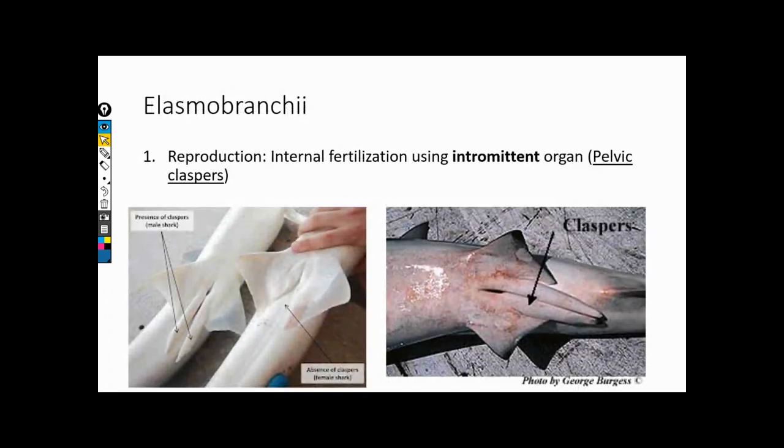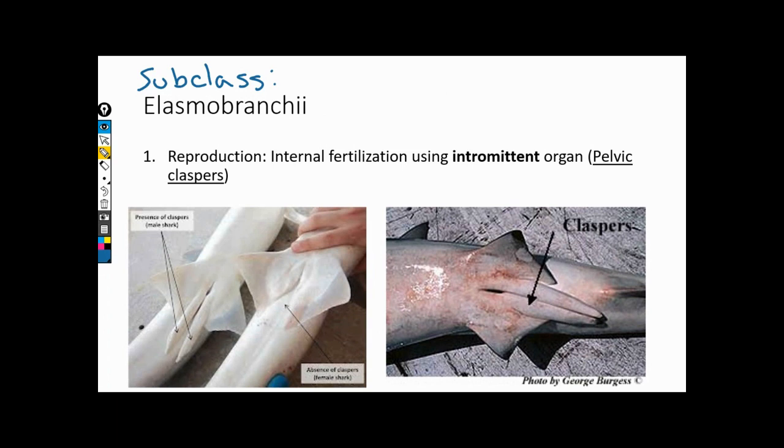So this is something we see in elasmobranchii, one of the two subclasses under our chondrichthyes.